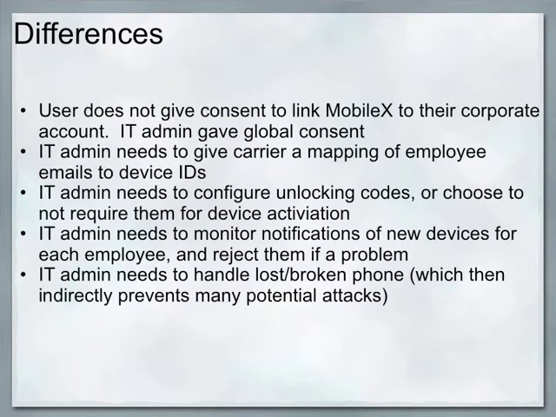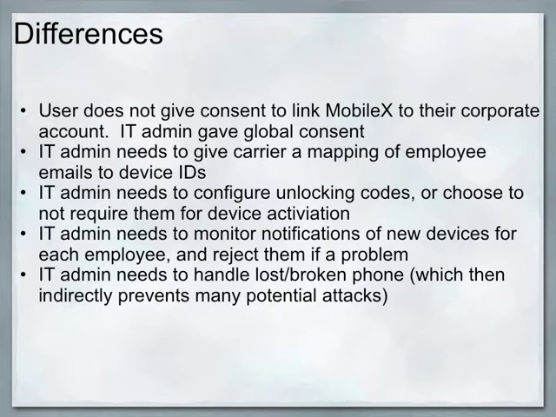A good example here is a traditional BlackBerry Enterprise Server deployment, where the IT department gets a BlackBerry phone, looks at the back, finds the device ID, goes into some application to map that device to the corporate email account, and then when the user turns on their BlackBerry phone, boom, they see their data and the phone knows who they are. So you could do something similar here.